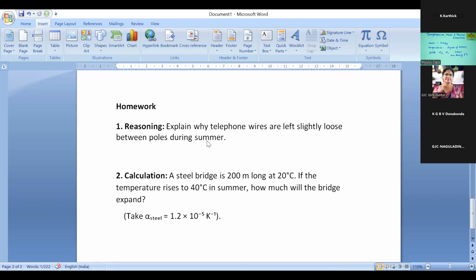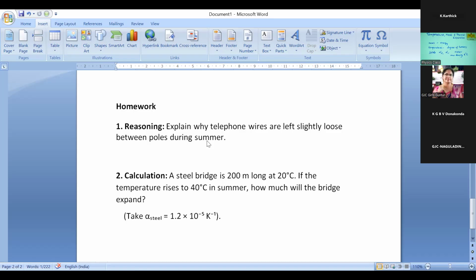Okay. Second one, this is calculation related. A steel bridge is 200-meter long at 20 degrees Celsius. If the temperature rises to 40 degrees Celsius in summer, how much will the bridge expand? Very important and easy one.